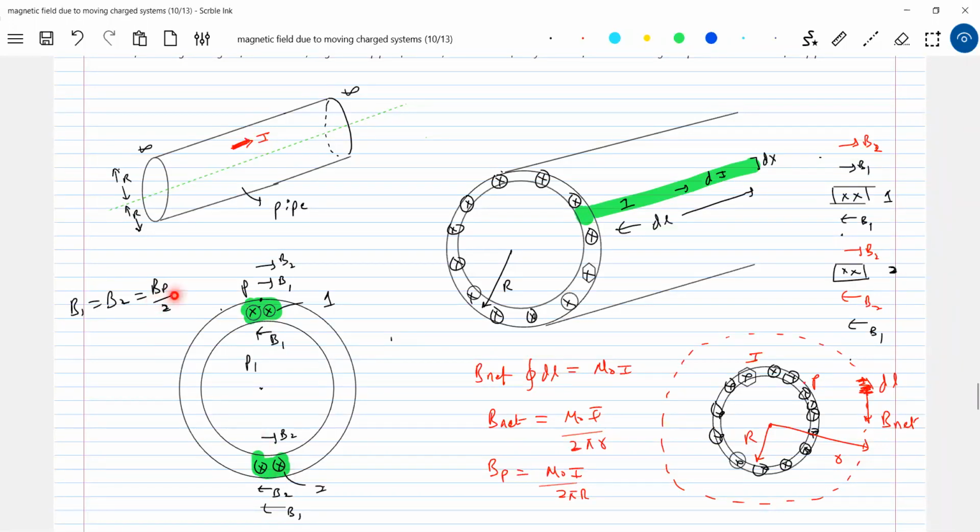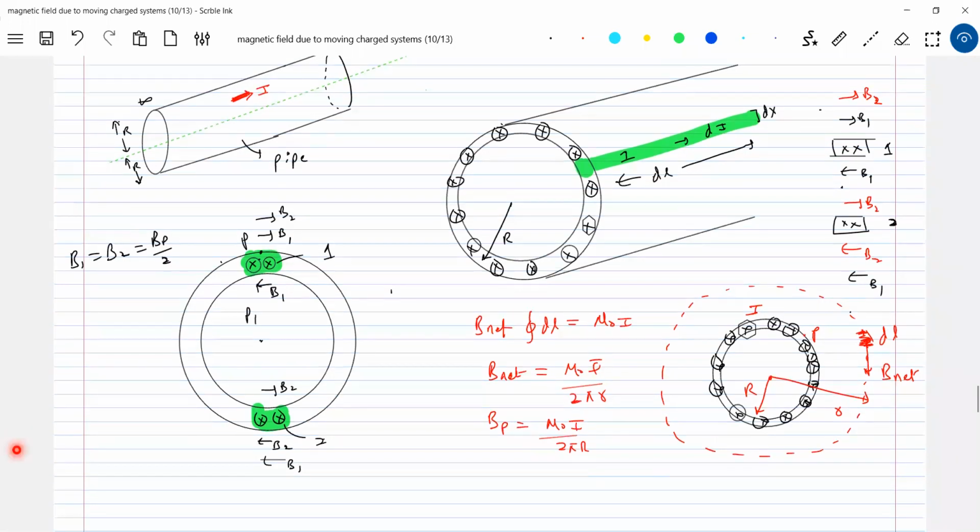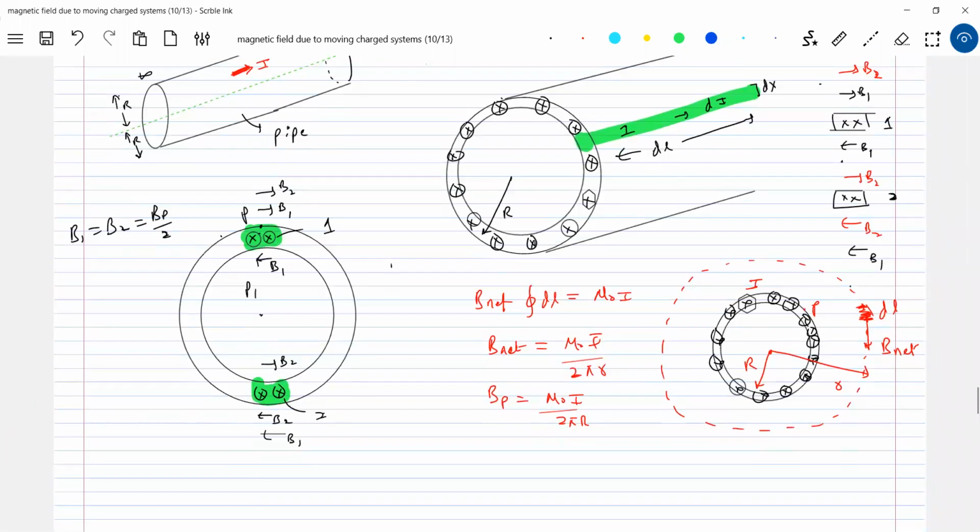So how to calculate that value? That value of B1, B2 is what I brought here. Okay, I agree with this one. So now let's get into the real part of the problem. DF, the force. How should I bring it now? DF is equal to B2, the field produced by that, into how much current is flowing in the element 1, DI. What is the length of that? DL. So what is this DF?